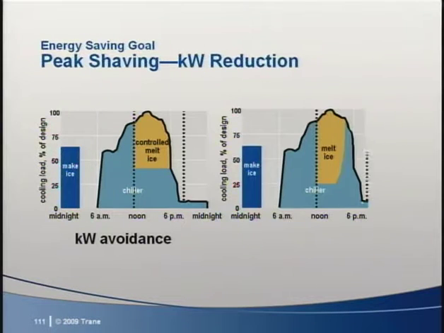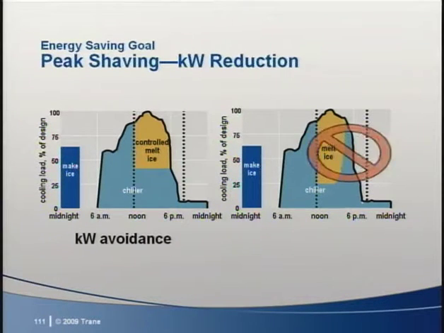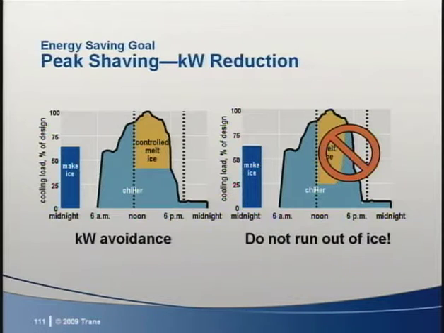The worst thing that can happen is for the system to use up all the storage before the end of the on-peak billing period. If this were to happen, the chiller would have to load up and potentially set an on-peak demand. So at the end of the on-peak period, you want some ice left over. The system design software allows the designer to determine a chiller limit set point that safely shaves the greatest kW and still has some ice left over.